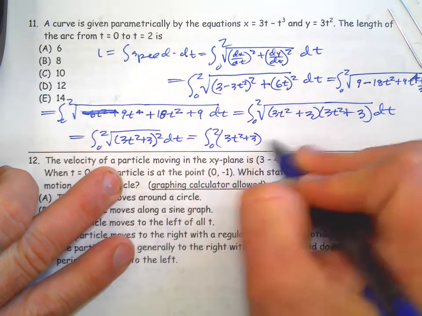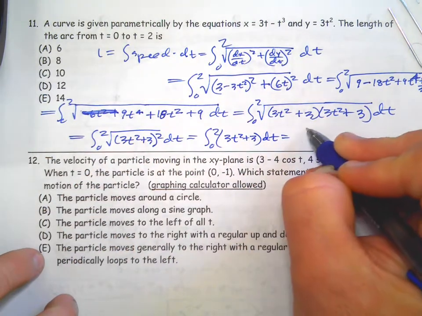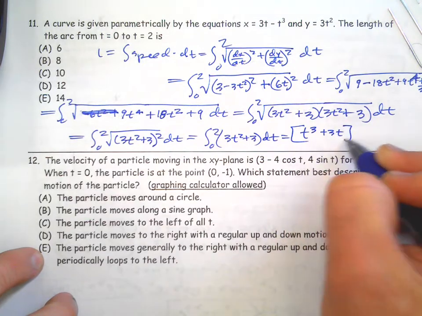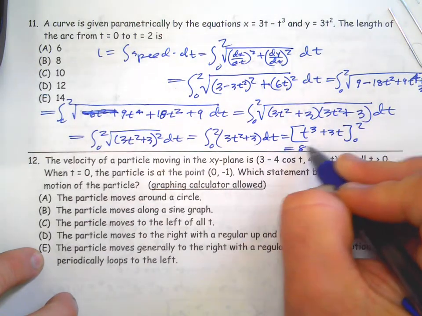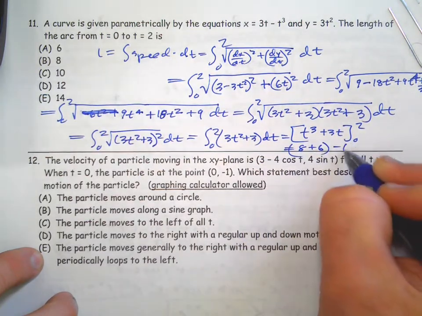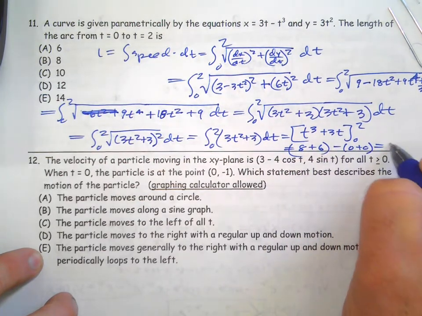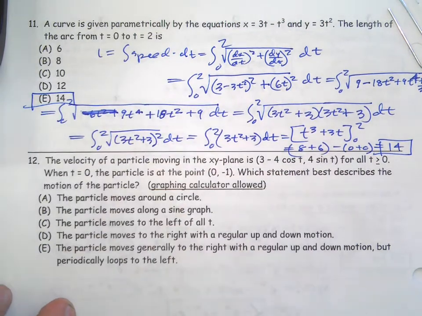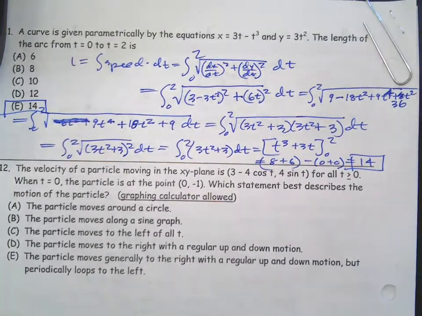And we do, so now we're going to integrate it, get t cubed plus 3t, 0 to 2. Plug 2 in, you get 8 plus 6, plug 0 in, you get 0 plus 0, and the final answer is 14. All right, made a little mistake there.